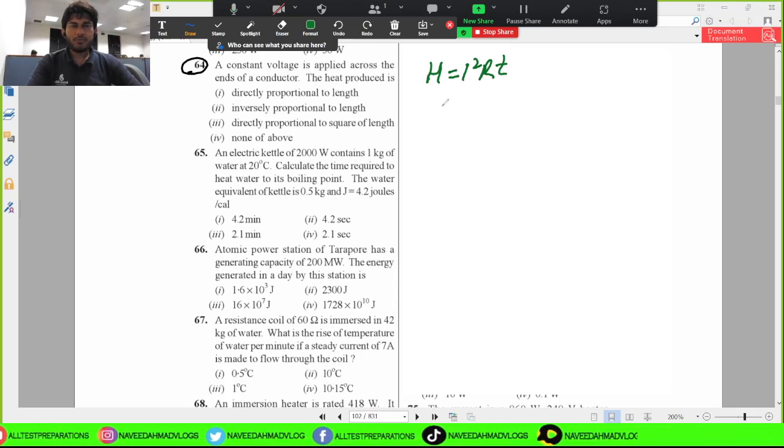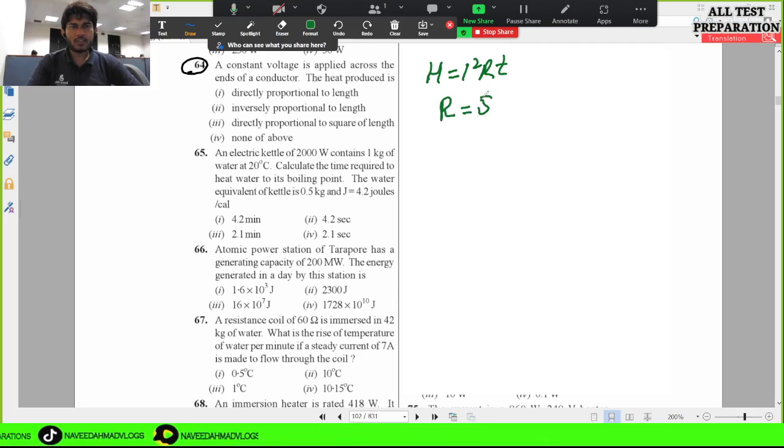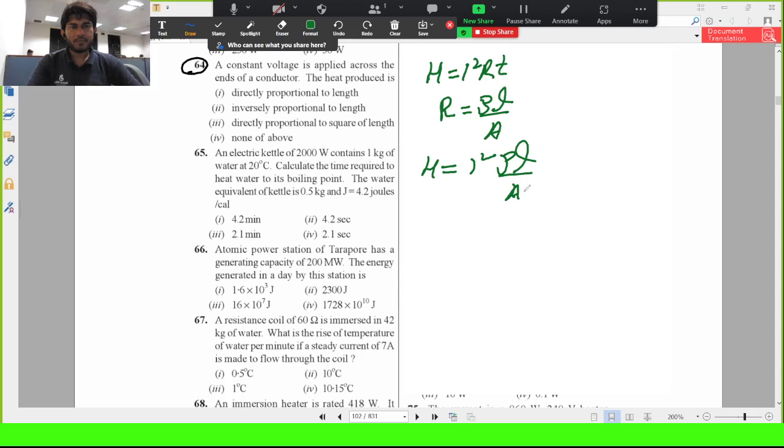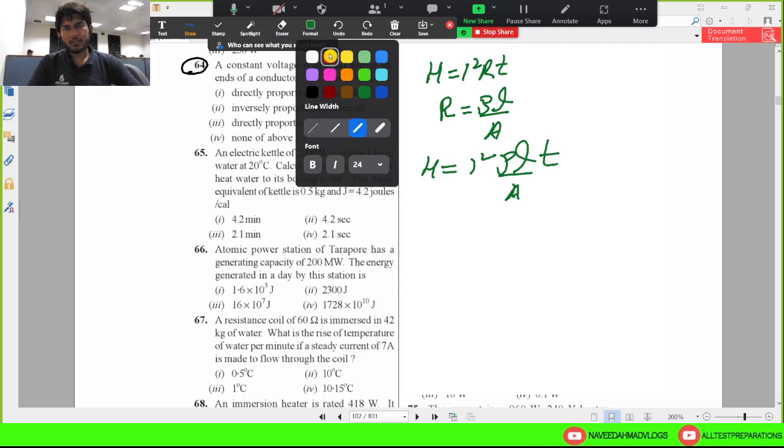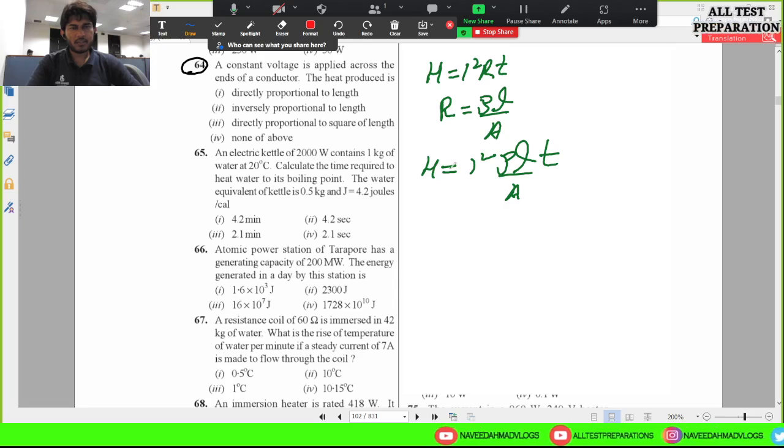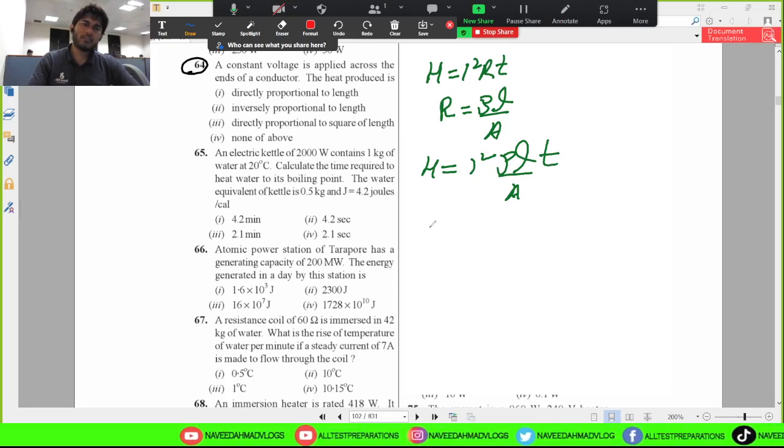So we know that heat depends on resistance, and resistance depends on length and area, that is R equal to rho L divided by A. So H will be equal to I square, and instead of R you put rho L divided by A, and T. You should not make the mistake of saying heat is not proportional to length, because current also depends on voltage and resistance.